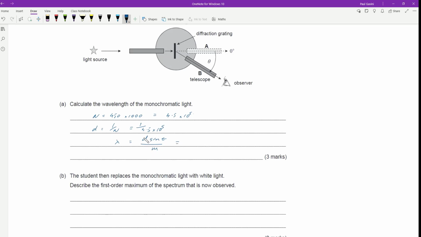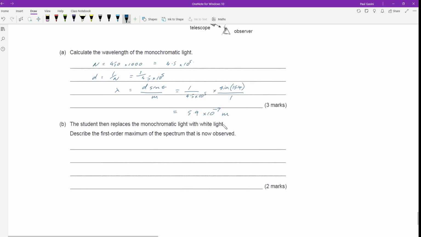I'm just going to cheat here because that distance is going to be 1 over 4.5 times 10 to the power 5, times sine of 15.4, divided by the order or maxima, and that was equal to 1. So that gives us a wavelength of 5.9 times 10 to the power of minus 7 meters. Don't forget the units.